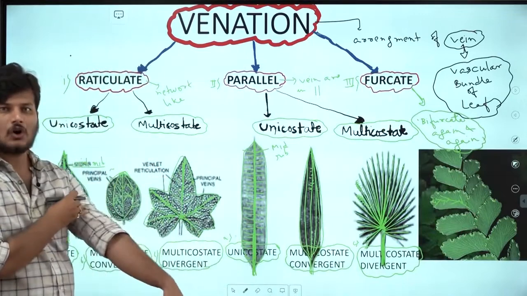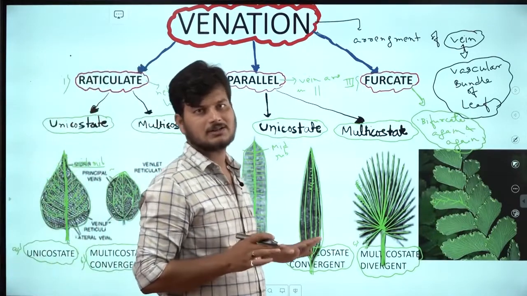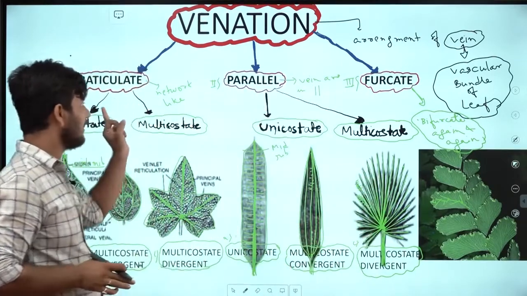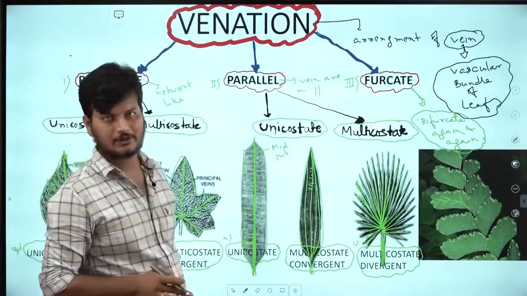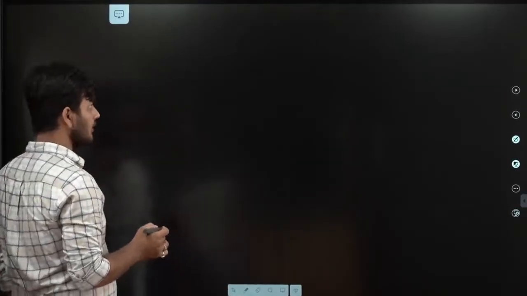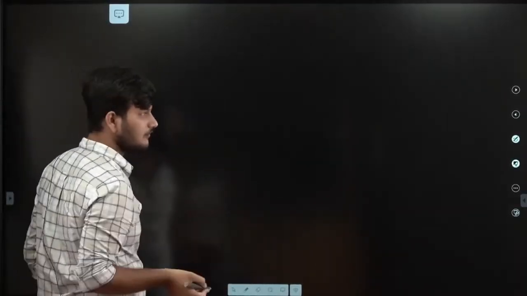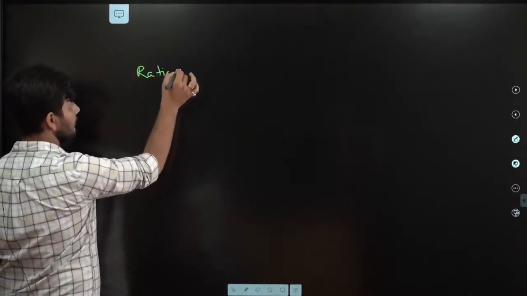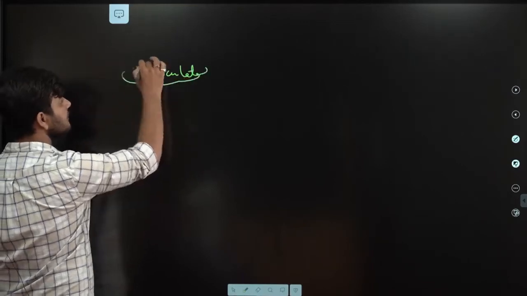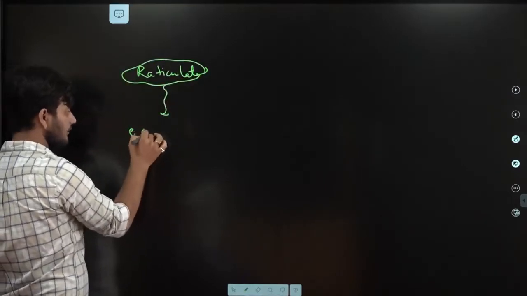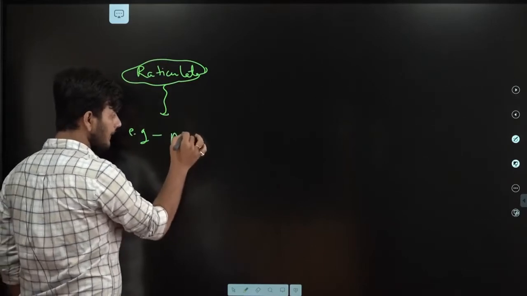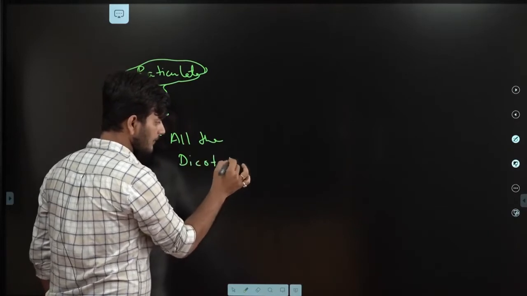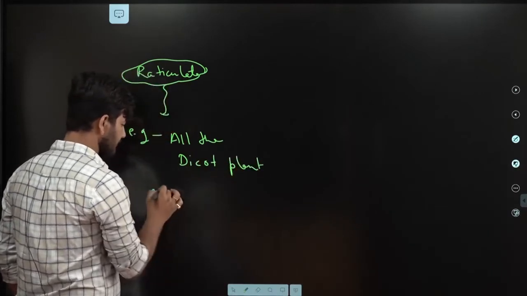Okay, we saw all the possibilities of venation in the leaf. Broadly they were categorized into reticulate, parallel and furcate. Now let us go ahead with examples of reticulate, parallel and furcate. First, examples of reticulate type of venation: all the dicot plants are its example, except for an exception.